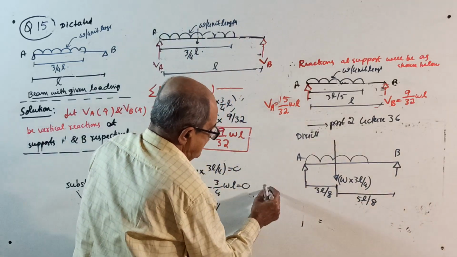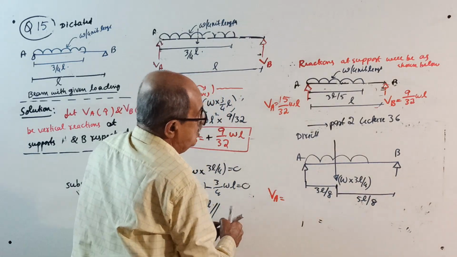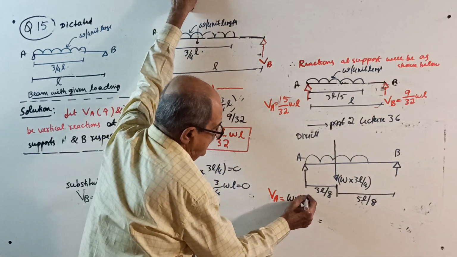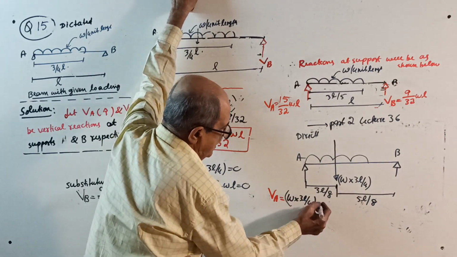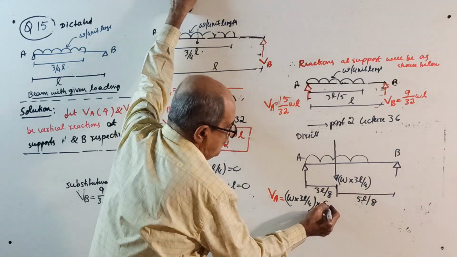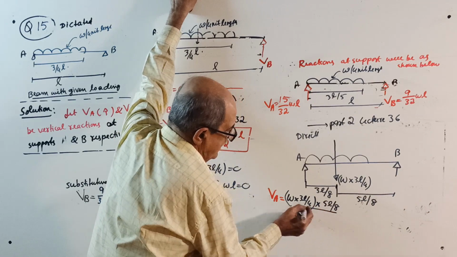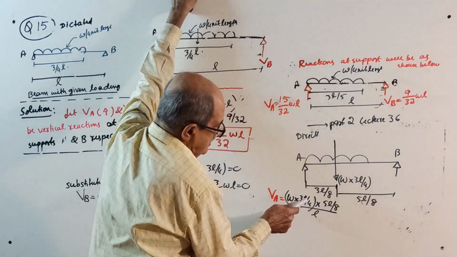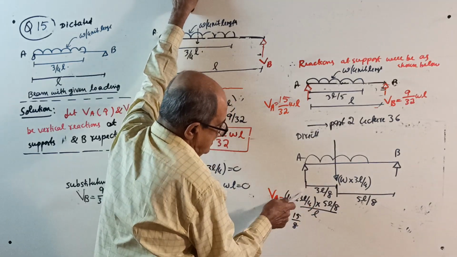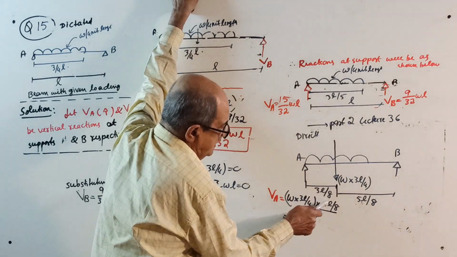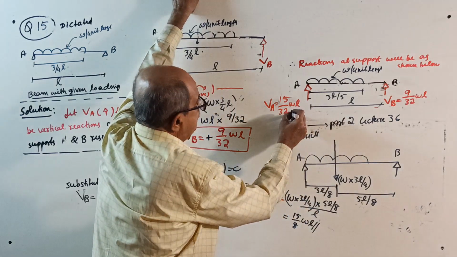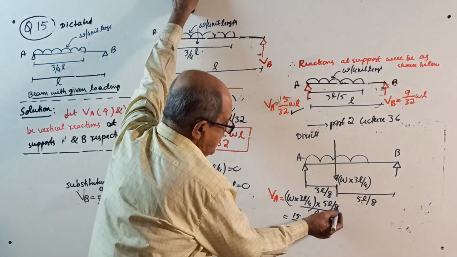In that case, this reaction VA equal to load W into 3L by 4 multiplied by other distance 5L by 8 divided by span, equal to 3 into 5 is 15, over 8 into 4 is 32, W into L square by L is WL.